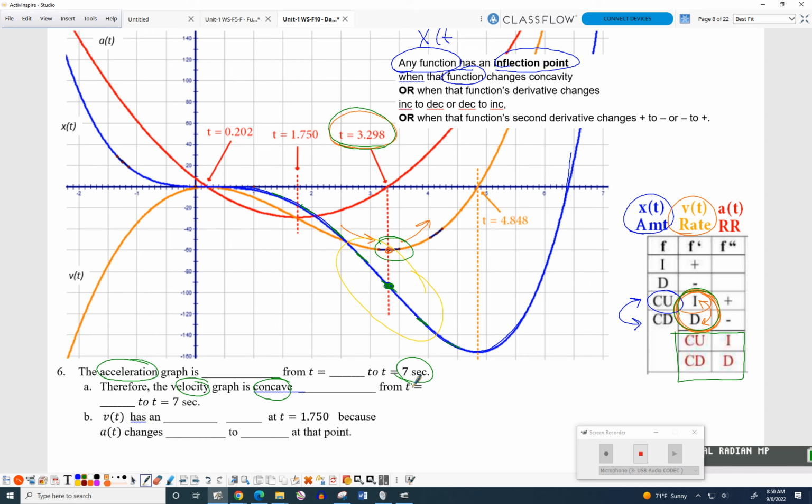It's increasing right here. So here's the acceleration graph going up. So the acceleration graph is increasing from time 1.75 to 7. Therefore, velocity must be concave up for that same time frame.